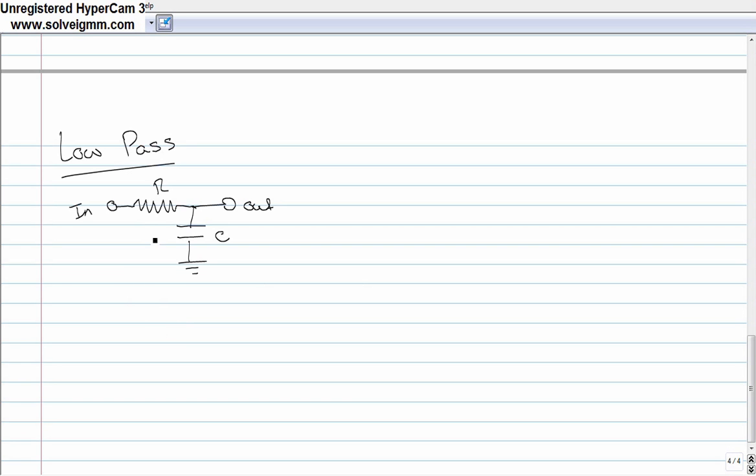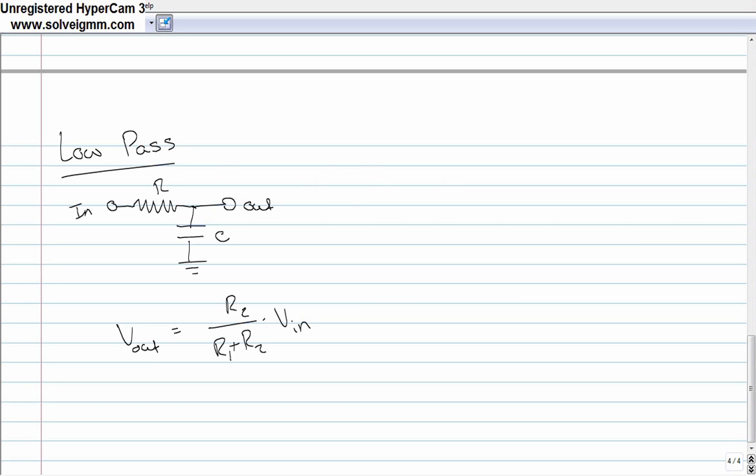We know that when you've got two resistive components in series, you get a voltage divider. Remember this equation: Vout equals R2 over R1 plus R2 times Vin. That was the voltage division equation we derived for resistors. And there is something similar to that used to get the voltage out from a filter.